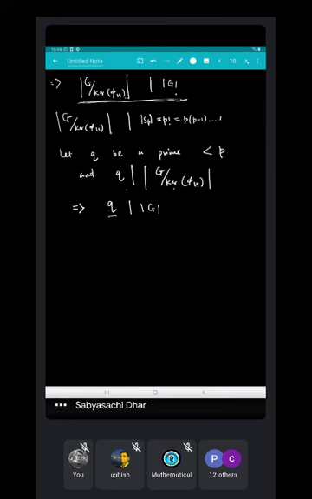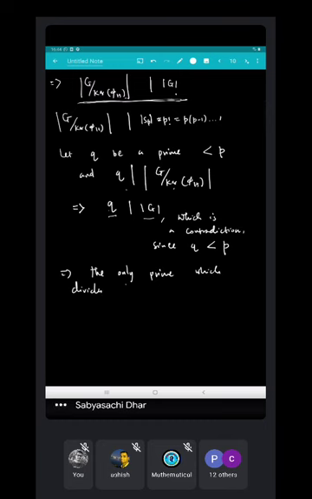So q divides the order of G, which is a contradiction, since q is a prime strictly less than p, and p is the smallest prime dividing the order of G. So this implies that the only prime which divides the order of G over the kernel of phi_H is p, right?